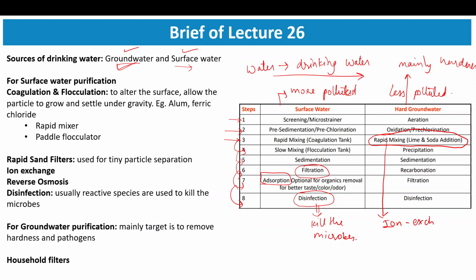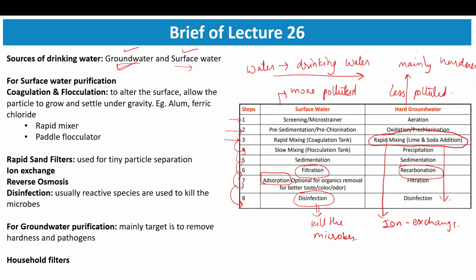I guess it is covered here, so I will not go into detail. These steps are similar to surface water, but it does not require any screening or sedimentation of particles. Once you precipitate them, only then you provide sedimentation. Now, during the lime soda process, there is a change in the pH of water. That is why you add carbon dioxide to water so that the pH gets adjusted by recarbonation.